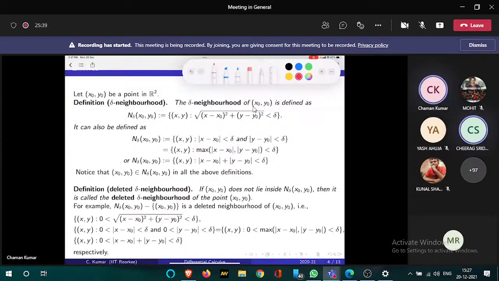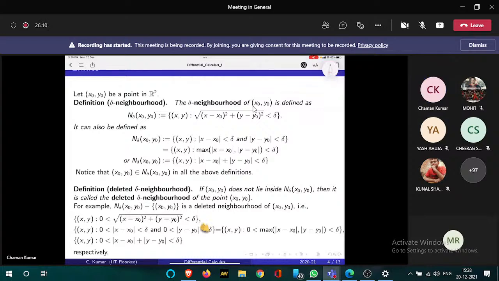Mathematicians decided that we will keep this as delta neighborhood, so that if I say delta neighborhood, you will know what it means. If everybody has their own notation, somebody saying delta neighborhood, somebody beta, somebody A, somebody B, things will become complicated to understand. So to make the mathematical language common, they decided to say this is a delta neighborhood.